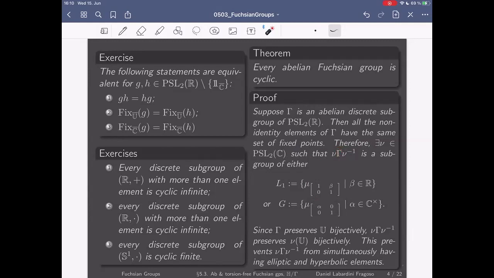Okay, so now we have conjugated gamma in such a way that it lives in either of these two subgroups. And yeah, so here's what I said already.